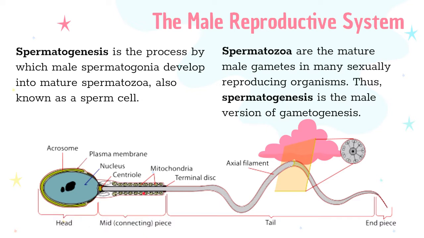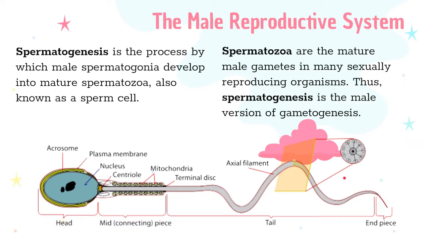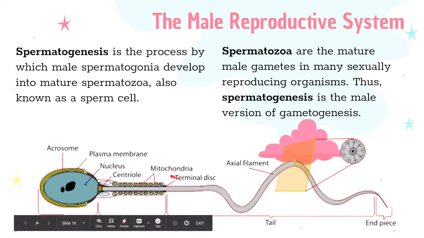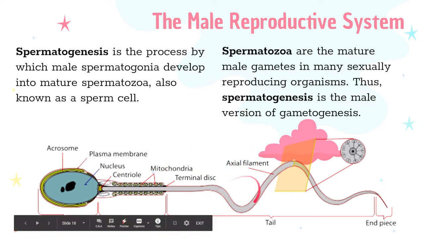They need to travel from the vagina into the uterus, into the fallopian tube, just to reach the egg cell, so they need a lot of energy. And then you have here the tail of the sperm cell. The sperm cell swims in a corkscrew or spiraling manner, not like a snake, but more in a corkscrew manner.